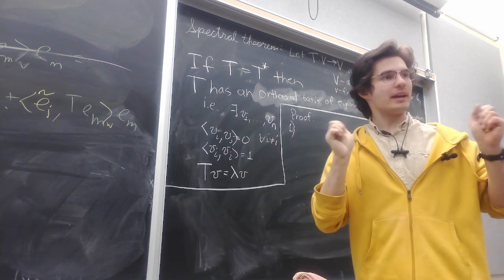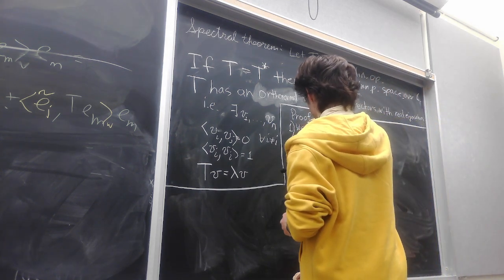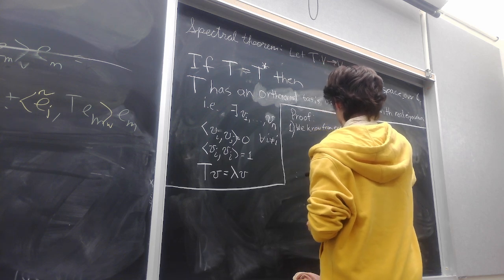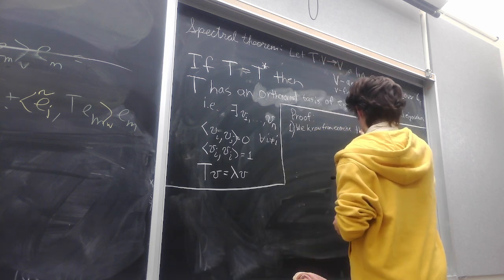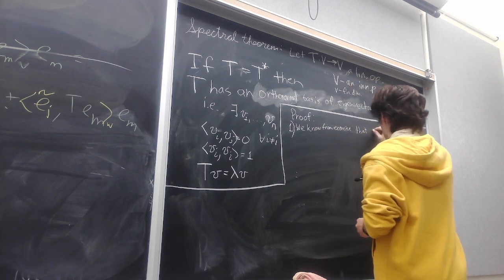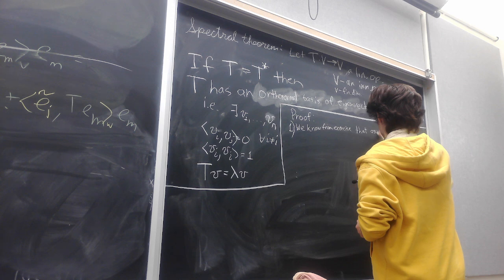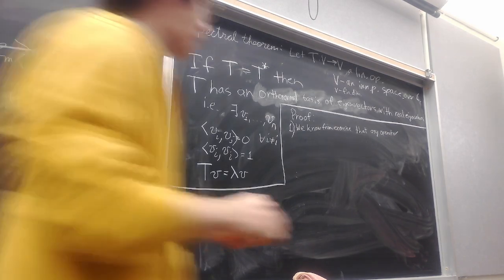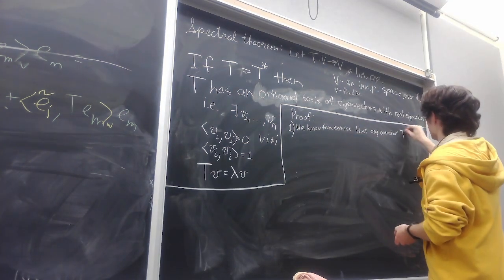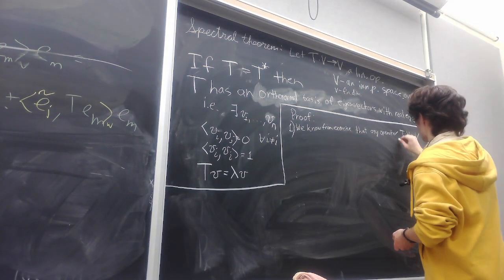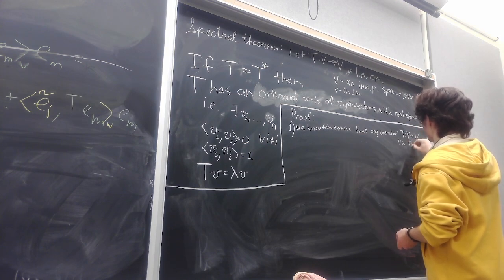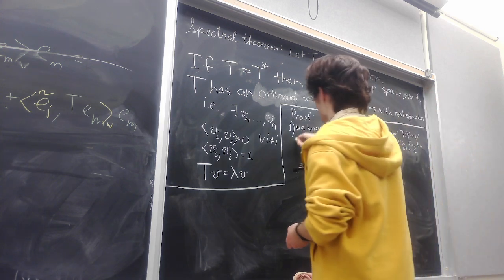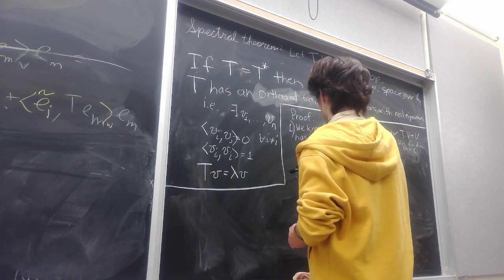So from an exercise, we know that any operator T from V to V, where V is finite dimensional over complex numbers, has an upper triangular matrix.